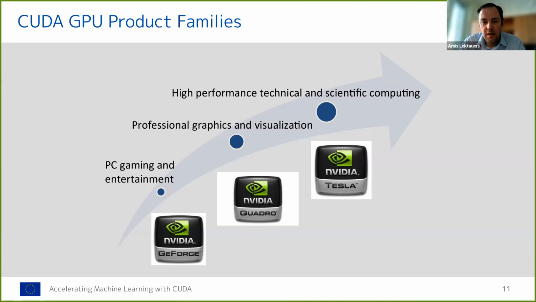And in the middle class, there are Quadro cards. These cards are intended for professional graphics and visualization applications with a higher demand for quality and stability of CUDA functionality. These are the 3 groups of CUDA supported product types.